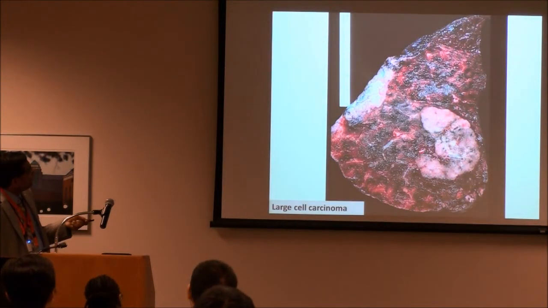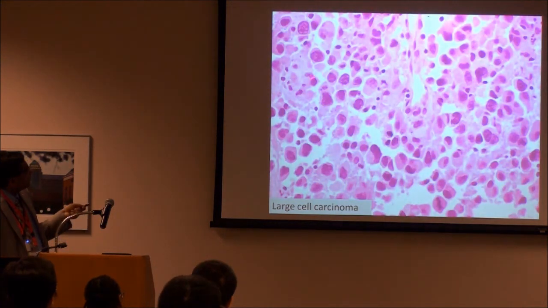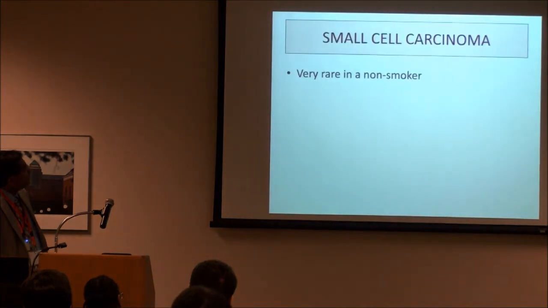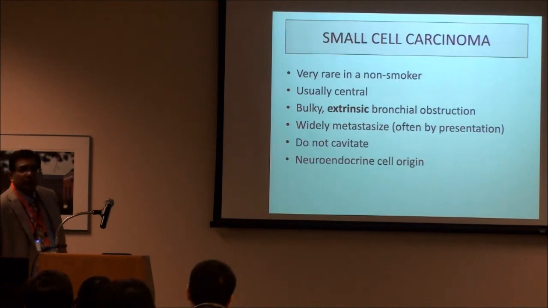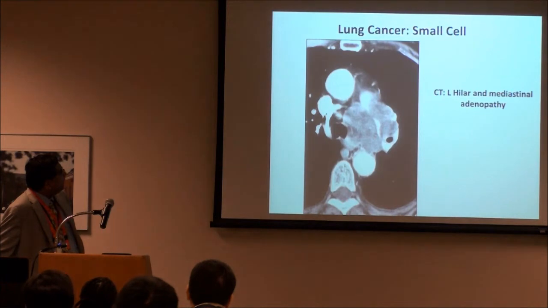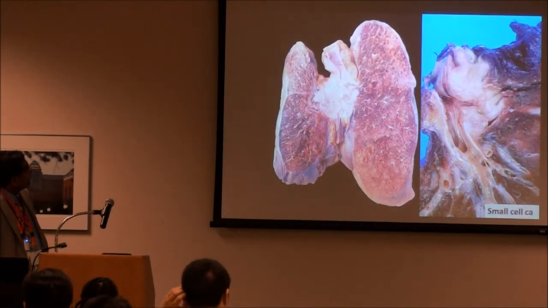Some more pictures of cancer here. Look at these cells, they don't look happy at all. They're all malignant cells. There's something called small cell carcinoma, a very aggressive type of tumor that is not related to smoking. You can see here it causes these big tumors.